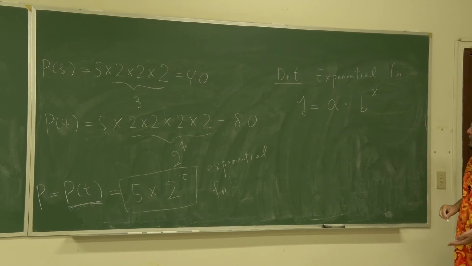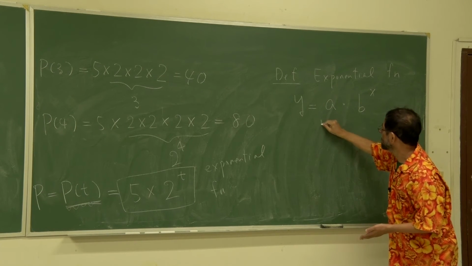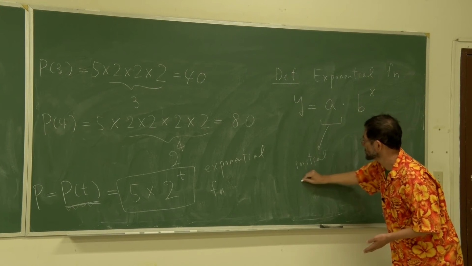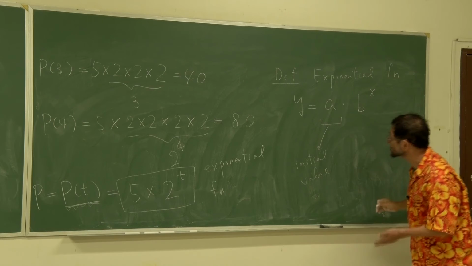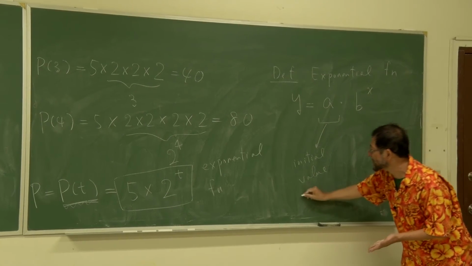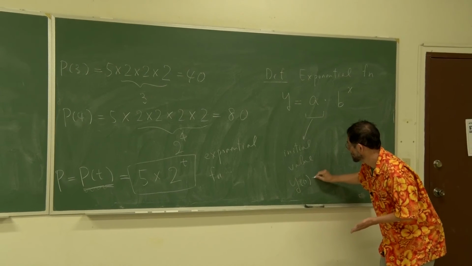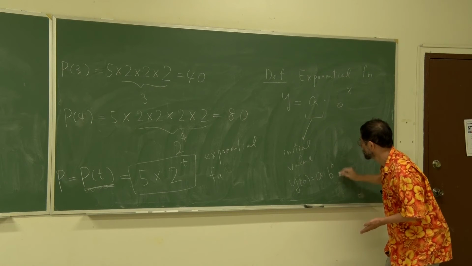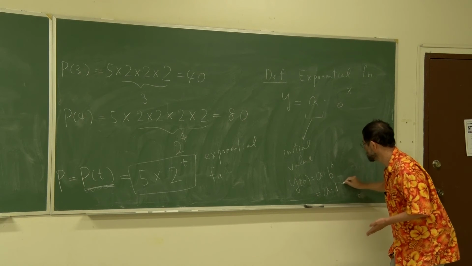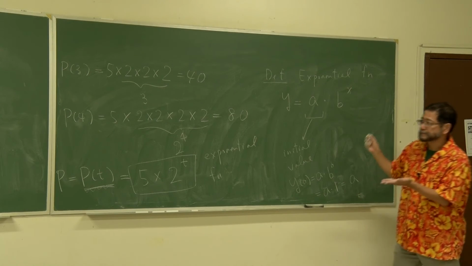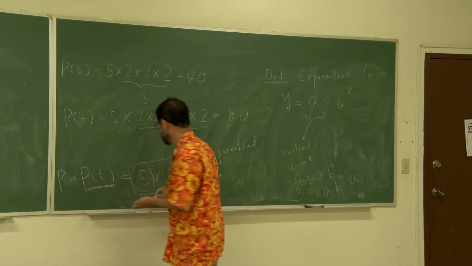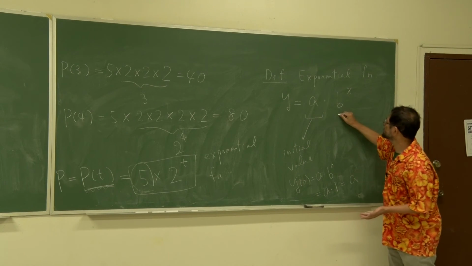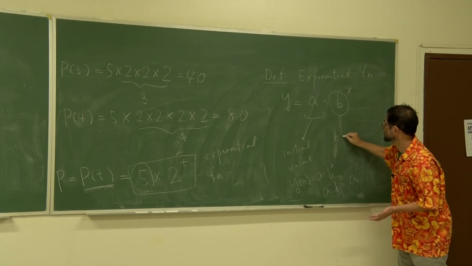Then this a is called the initial value, because if you plug in x equal to 0, a times b raised to 0, which is a times 1, which is a. Like in this case the initial value is 5, the price is $5 currently. Then this b is called the base.